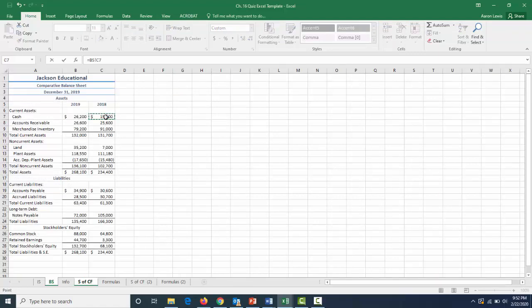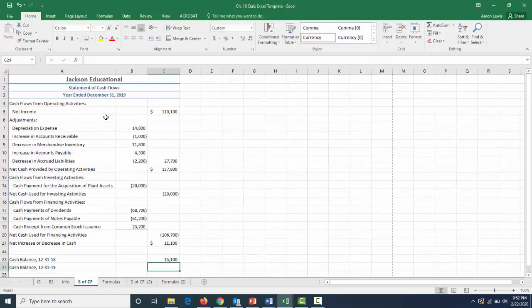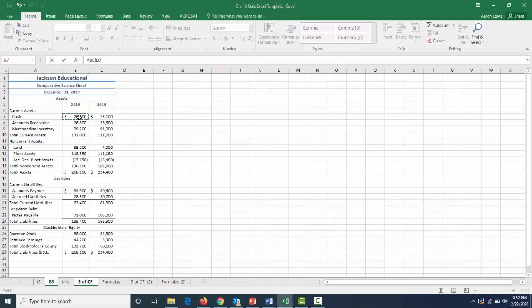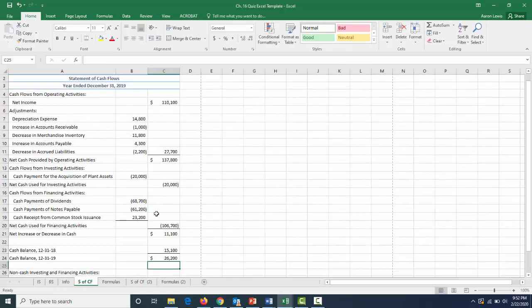We're going to bring that over. And on the last day of this year, 12/31/19, we're going to go back over to our balance sheet and see that cash increased to $26,200. Again, that is an $11,100 increase, which matches the net increase that we got up here by adding together our cash provided by operating activities, our cash used for investing activities, and our cash used for financing activities.